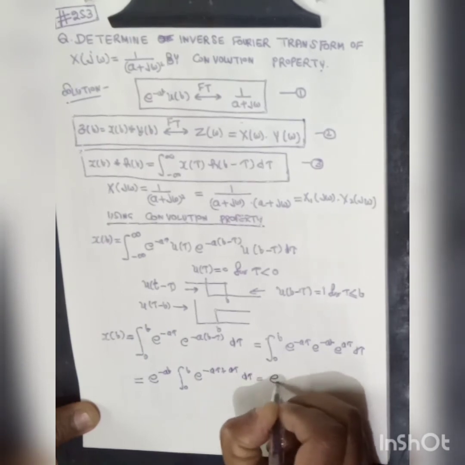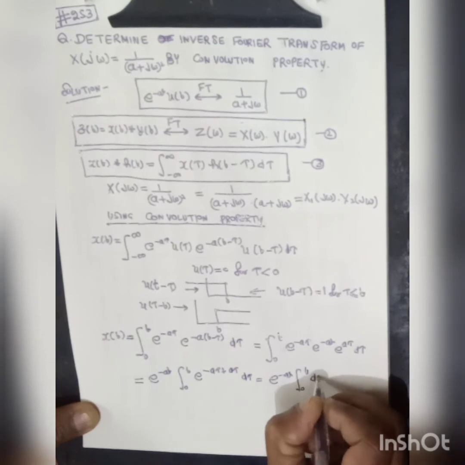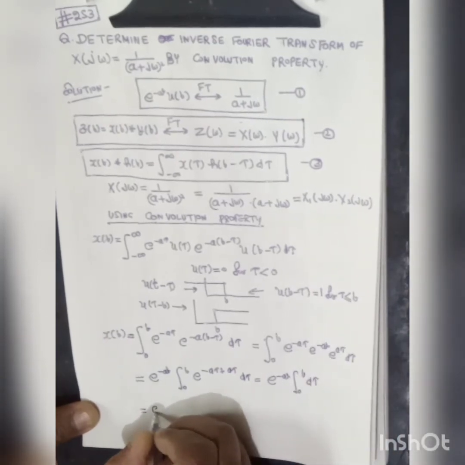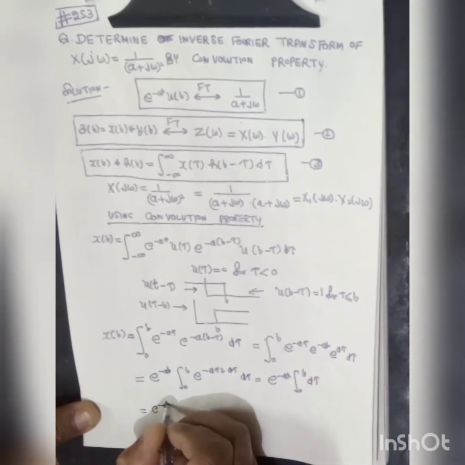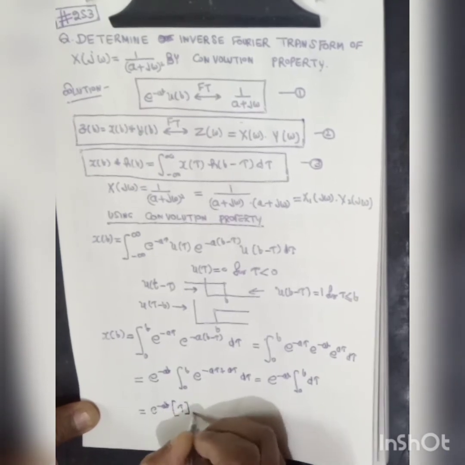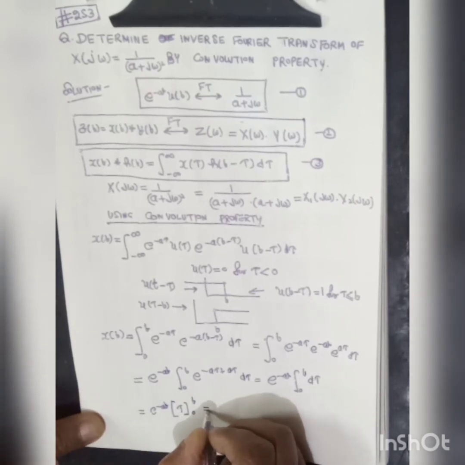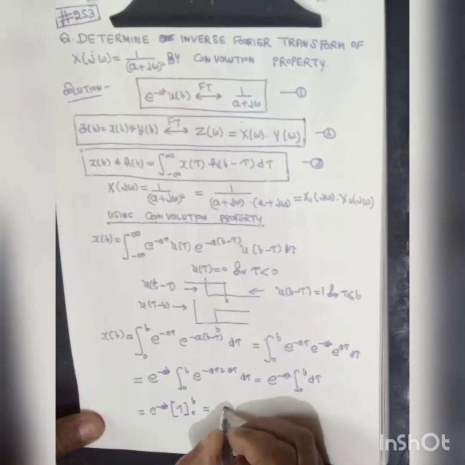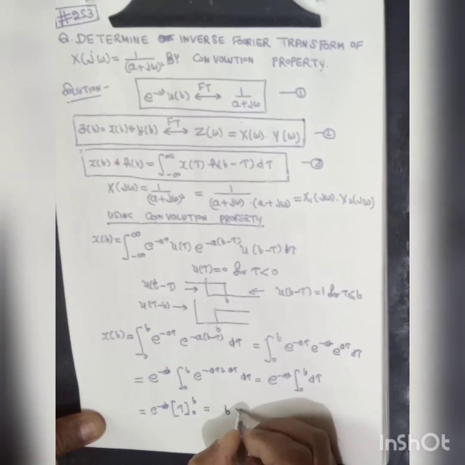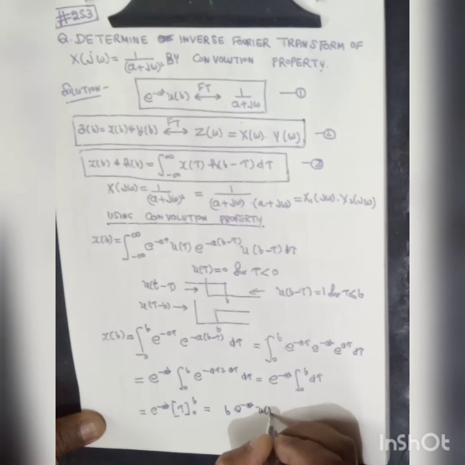So it will be e to the power minus at times the integral from 0 to t of d tau, which is e to the power minus at times tau from 0 to t. So x(t) will be t e to the power minus at u(t).